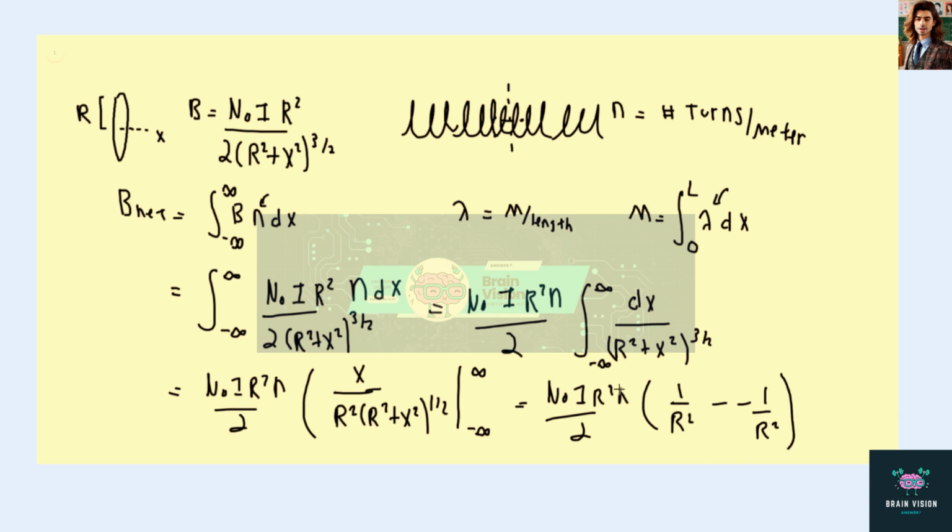We can see all of these r squareds are going to cancel out, and then this will just be a 2 in here, so 1 minus negative 1. So it looks like it's going to simplify a lot, and we're going to end up with just mu naught I n.